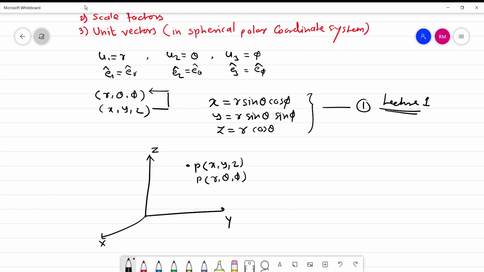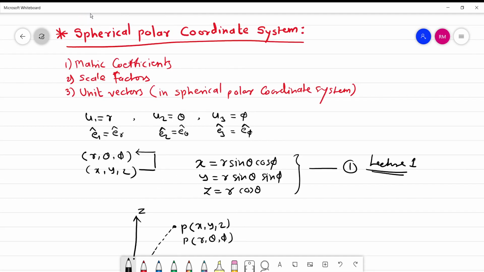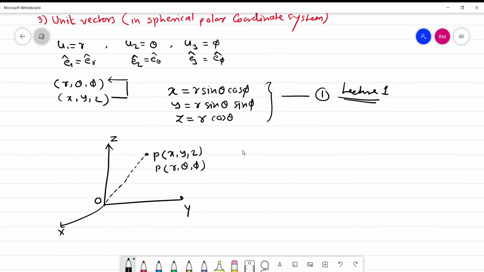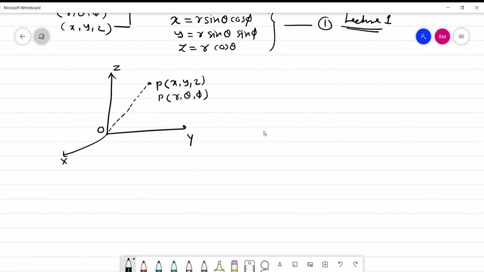Now if I join this point P with the origin O, I can say that OP is the position vector of point P. OP bar is the position vector of point P, and I can write OP bar as R bar, right?